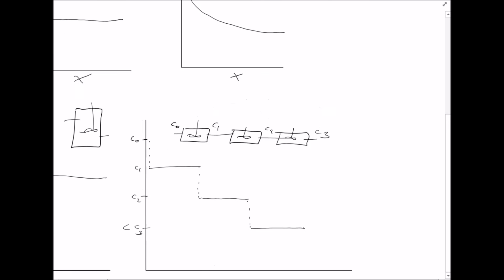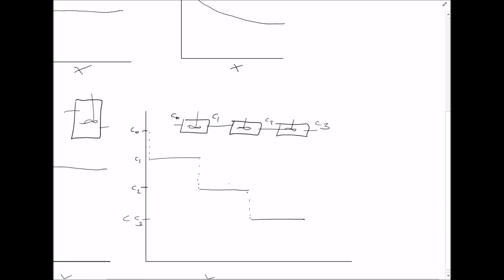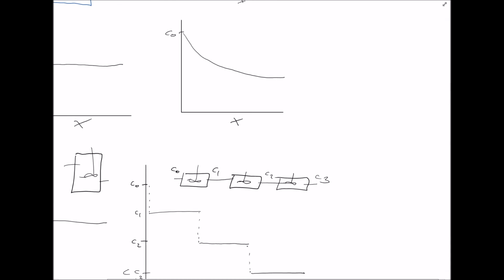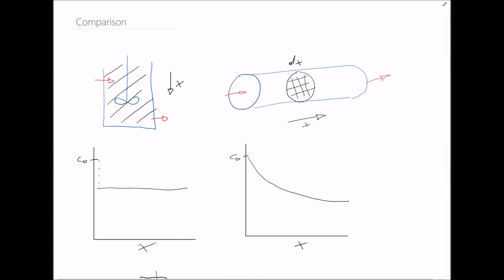If you compare this slope to the one of the PFR, you see that the slope looks more and more similar to the one of the PFR. That is because if you take an MFR and basically flatten it so the height becomes dx, you basically get a disk.